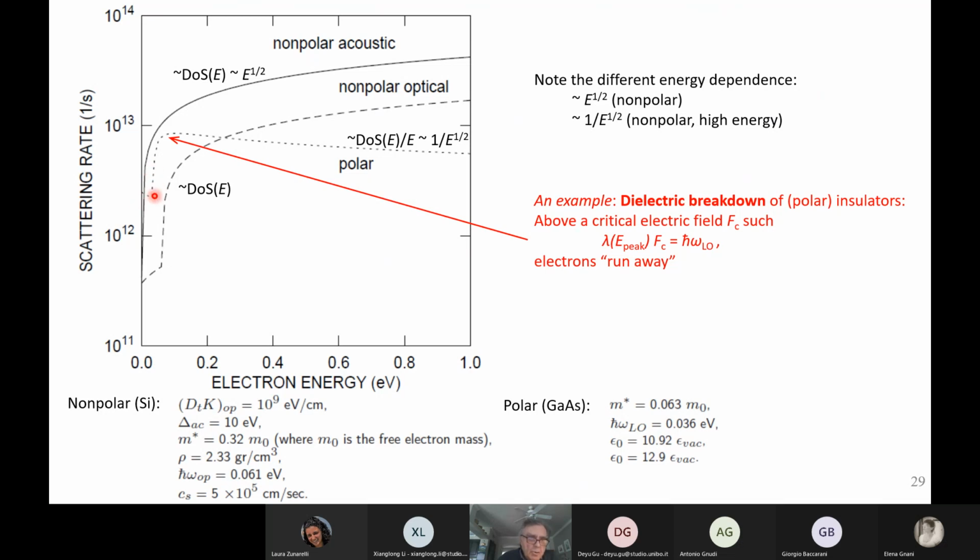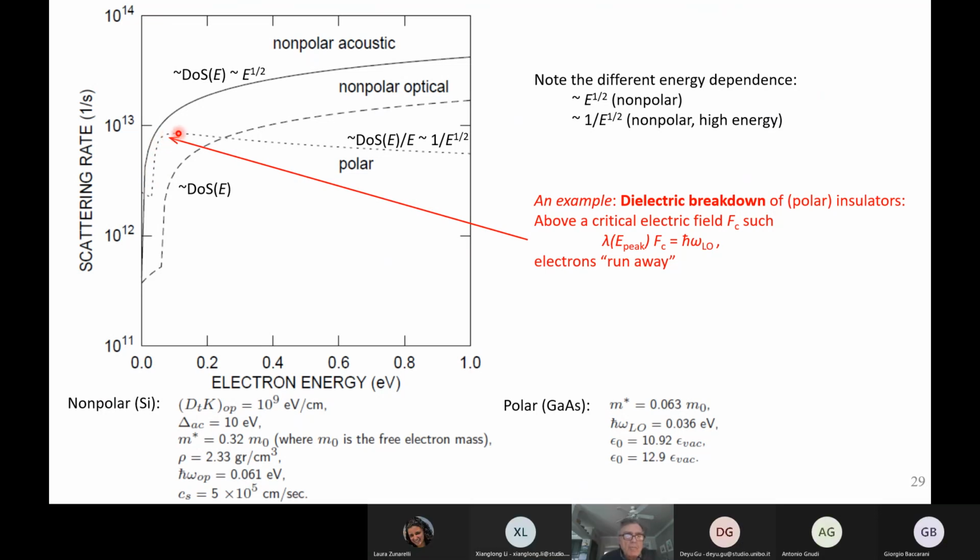Here we have absorption. It's not clearly visible, but it grows because of the density of states effect that dominates at small energy. And then it begins to drop, going inversely proportional to the square root of the energy. And again, it's the product of the 1 over E that you get from the matrix element and the density of final states, which is the usual factor that enters the expression for the density of states.